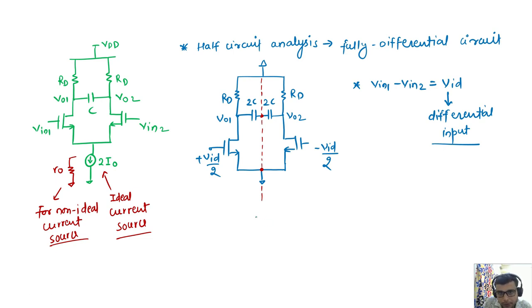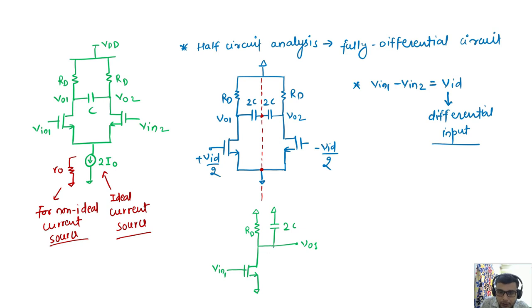This is my virtual short, this is RD, and parallel to RD one cap is there, which is 2C, also to ground. This is one of the outputs, and this is a common source amplifier with input 1, that I call VID by 2. This is my output 1.